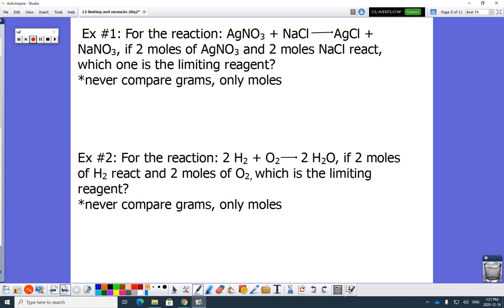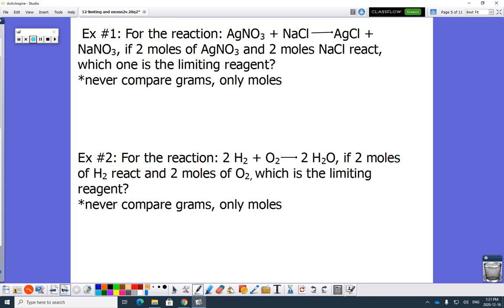So if you're given a question, although this is terrible typing, this equation, the NaNO3 can go up there. Now you're given 2 moles of AgNO3 and 2 moles of NaCl. So now you're given two amounts. Which one do I use? You have to figure out what the limiting reagent is first.